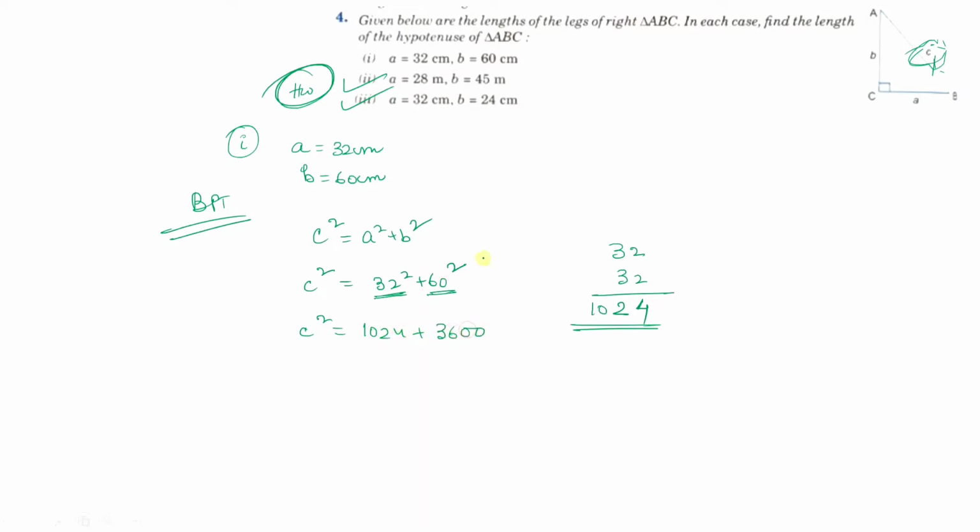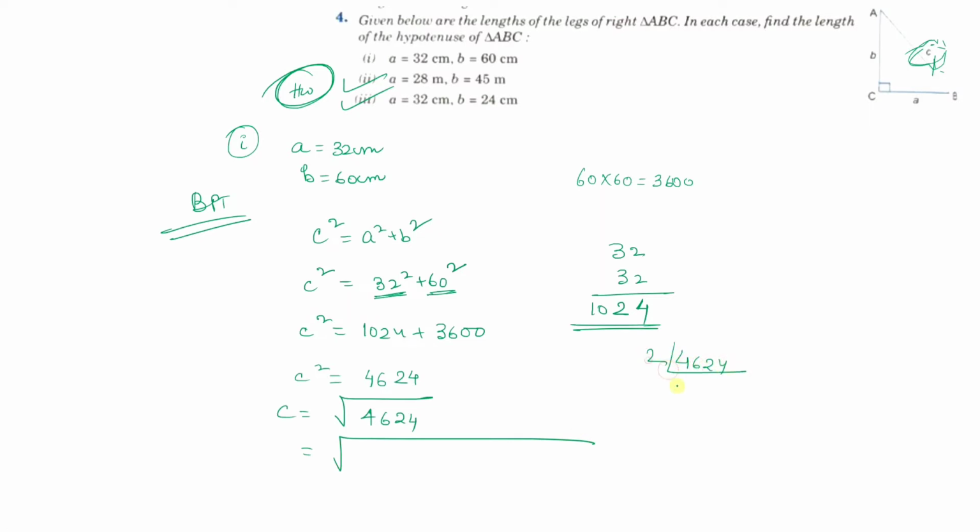60 square means 60 into 60, that is equal to 36, and there are 2 zeros, so 3600. Okay, C square is equal to 4624. Next find the value of C. Let us solve it by the prime factorization method.